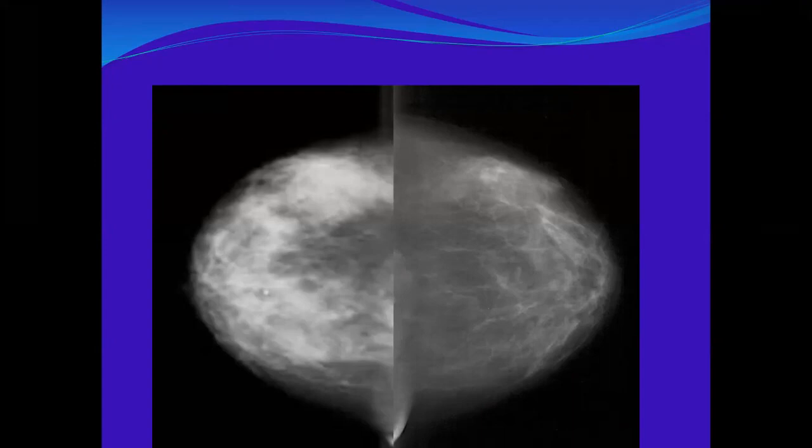I will suspect ductal carcinoma. Excellent. And with the global asymmetry, maybe there is also mastitis. Mastitis, excellent. Yes, it can be mastitis.